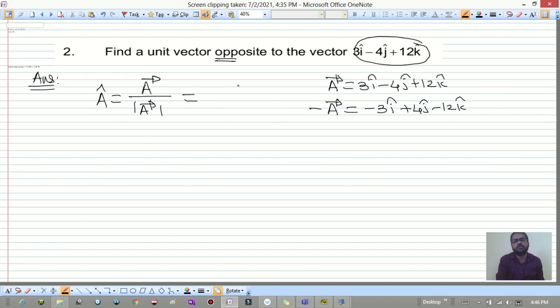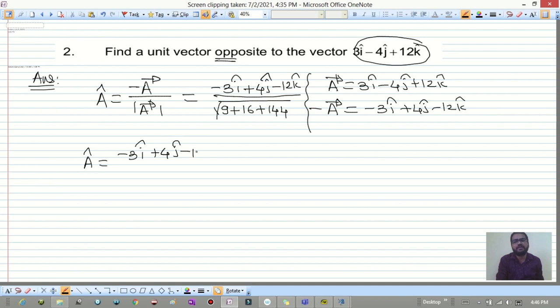Now put it over here: it is minus a bar divided by the magnitude of a bar. So it will become minus 3i hat plus 4j hat minus 12k hat, divided by the magnitude, which is the root of 9 plus 16 plus 144, that is root of 169.